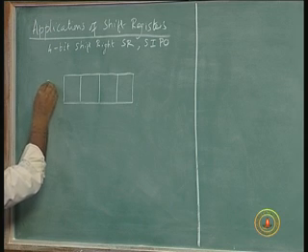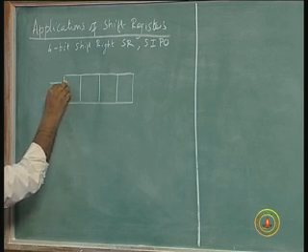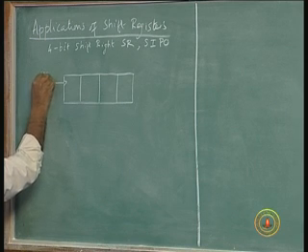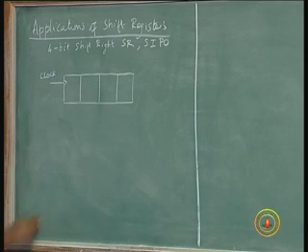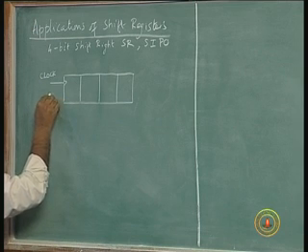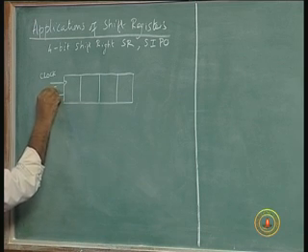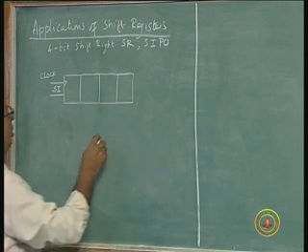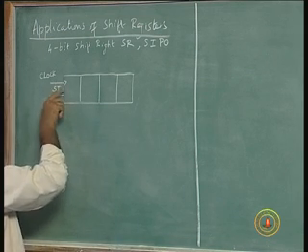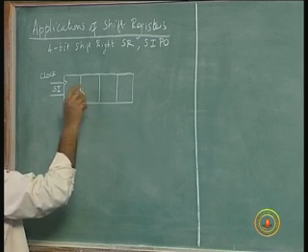So, this will have the data in and a clock, either positive edge or negative edge, it does not matter. The serial input is called serial in, and the clock will shift the bits.